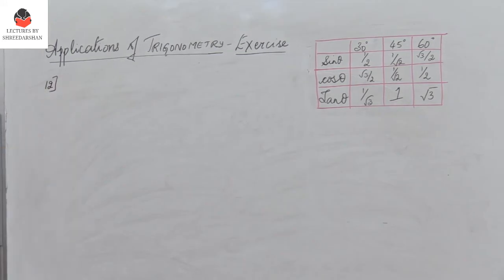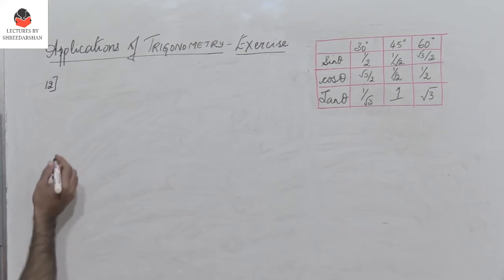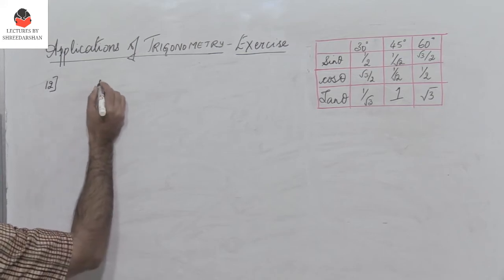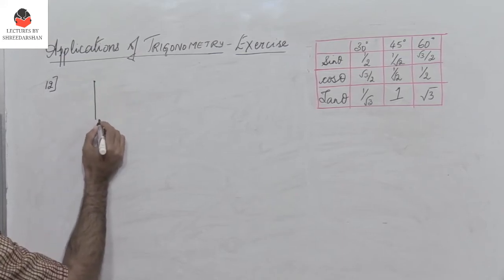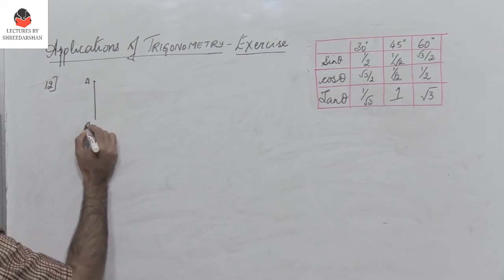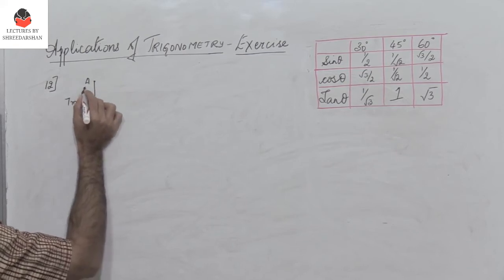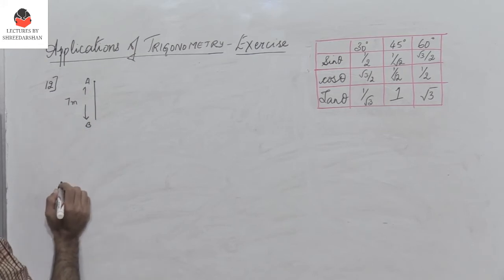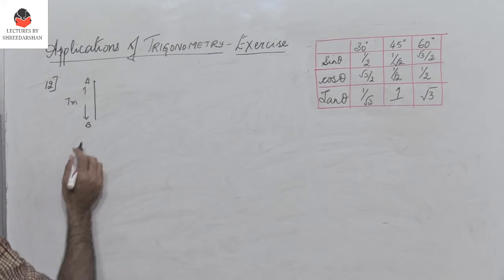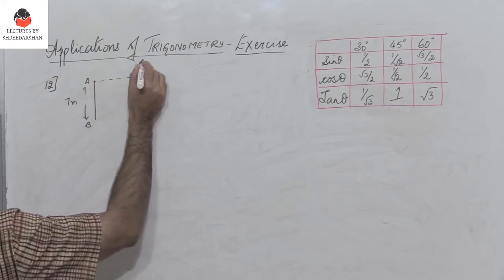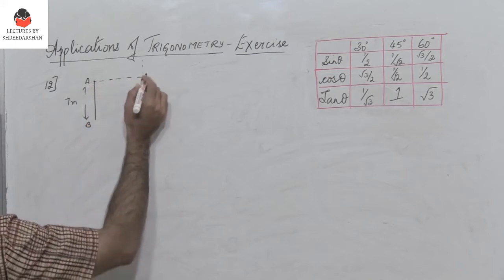So problem 12. From the top of a building which is 7 meters high, so there's a building here of height 7 meters, let me call this AB, the angle of elevation of the top of a cable tower is 60. So there is a tower.